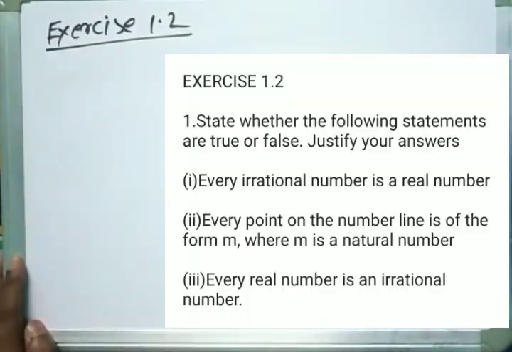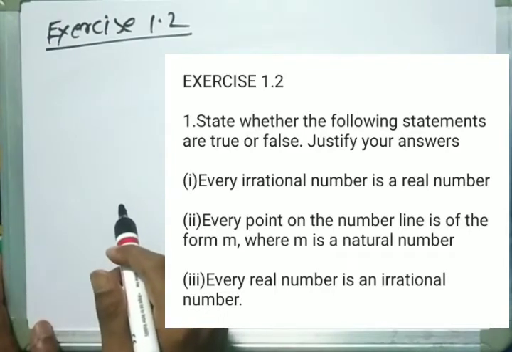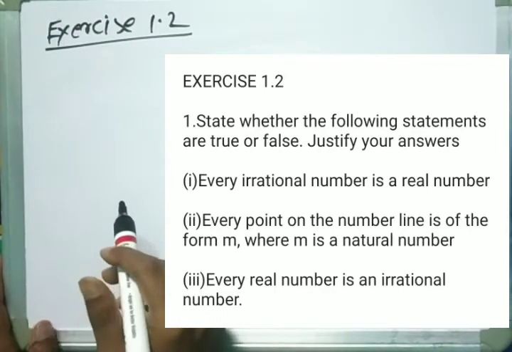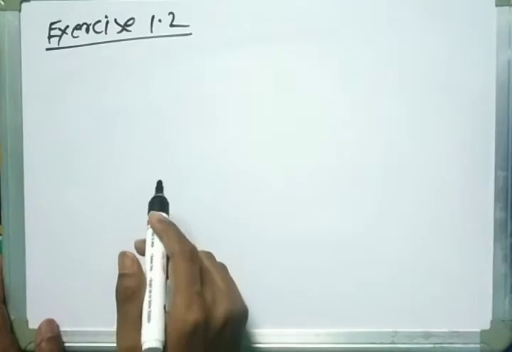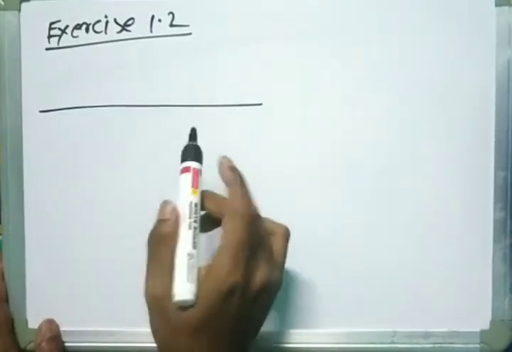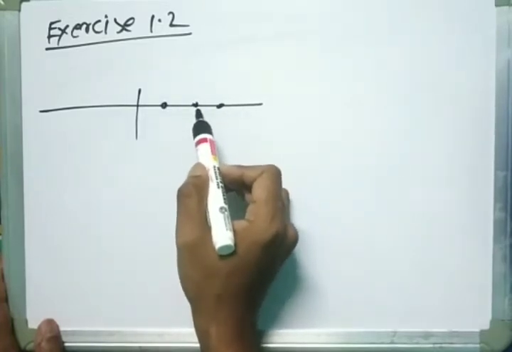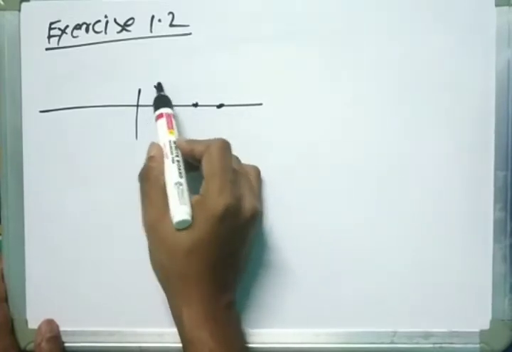Now the second question: every point on the number line is of the form root m, where m is a natural number. Okay, every point on the number line is of the form root m.